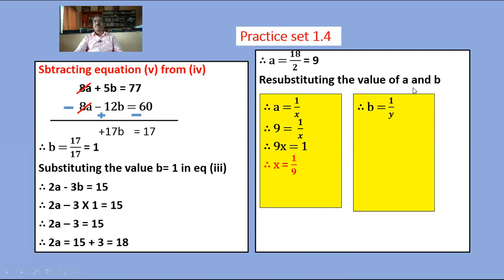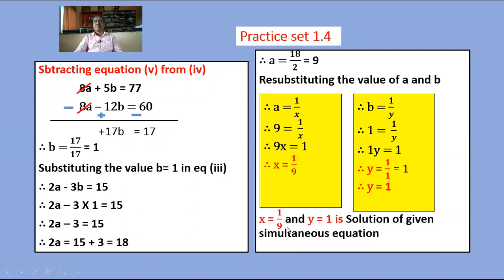Similarly, b is equal to 1 upon y. The value of b is equal to 1, so 1 is equal to 1 upon y, therefore y is equal to 1. Hence, the solution of the given simultaneous equations is x is equal to 1 upon 9 and y is equal to 1.